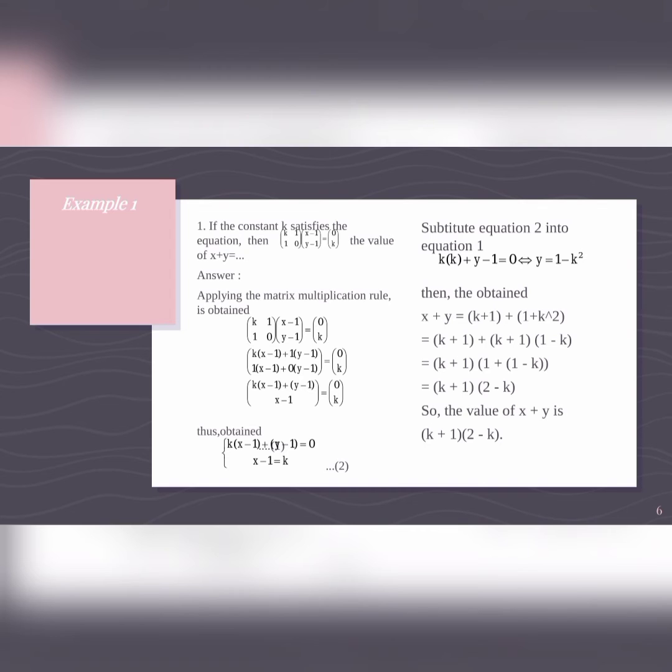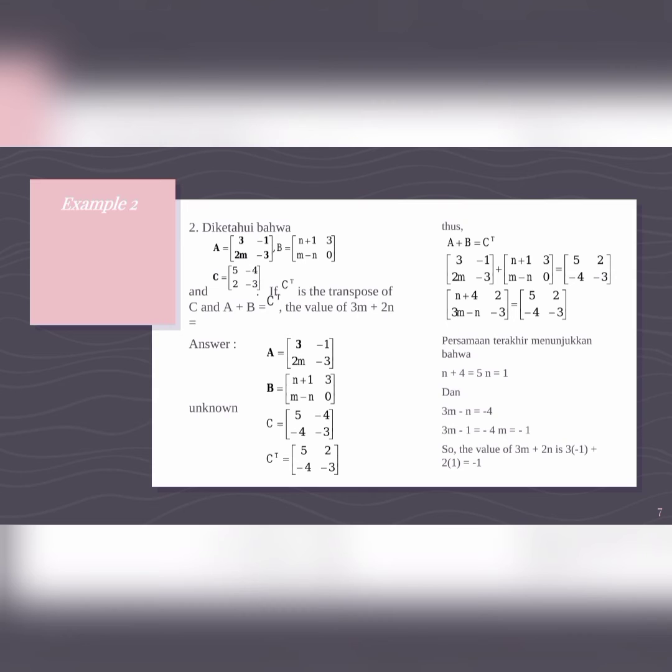And the next example, number 2, is diketahui bahwa matriks A 3 2 M minus 1 minus 3, matrix B is N plus 1 M minus N 3 0, and matrix C is 5 2 minus 4 and minus 3.